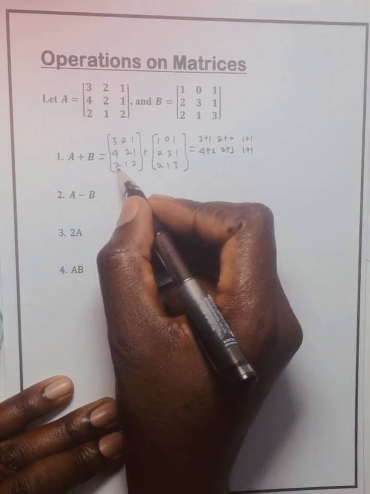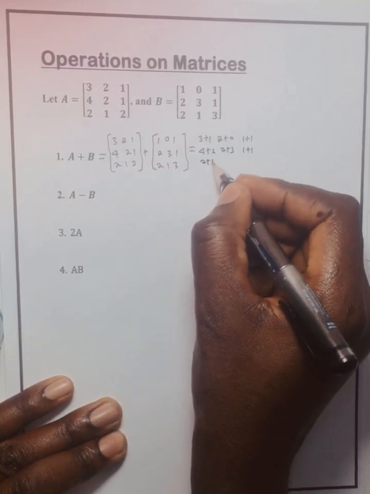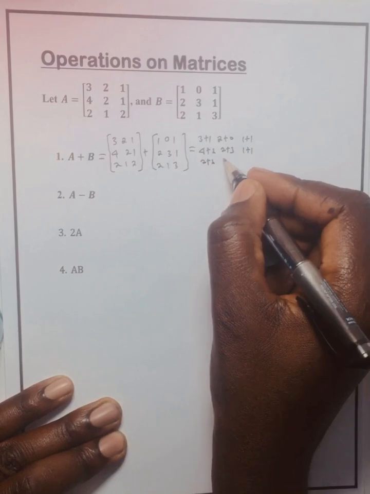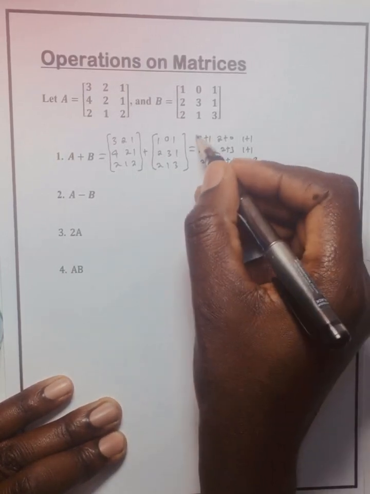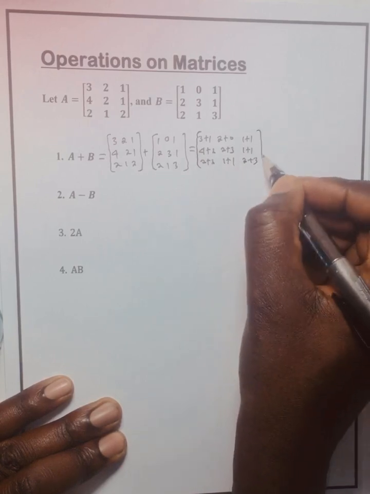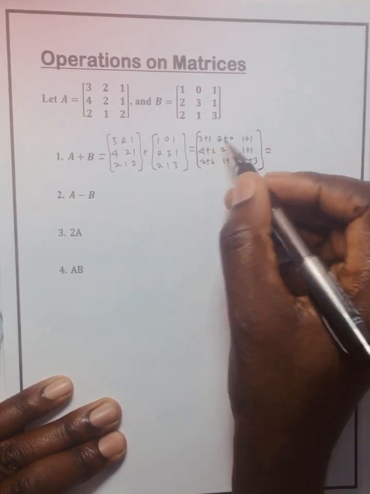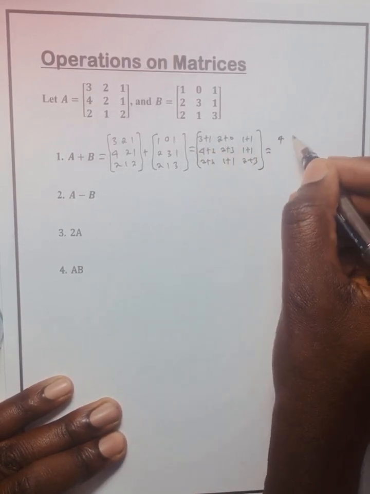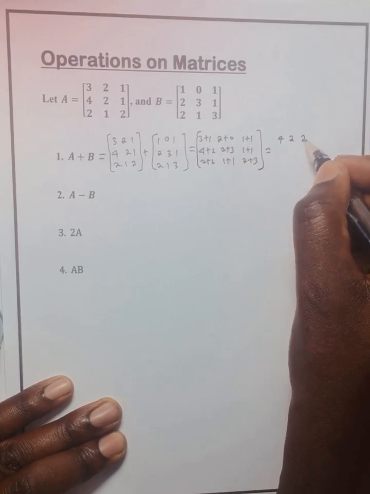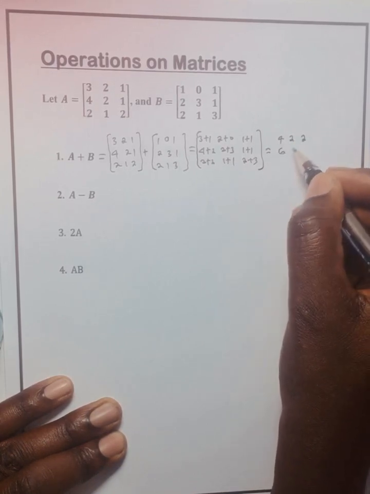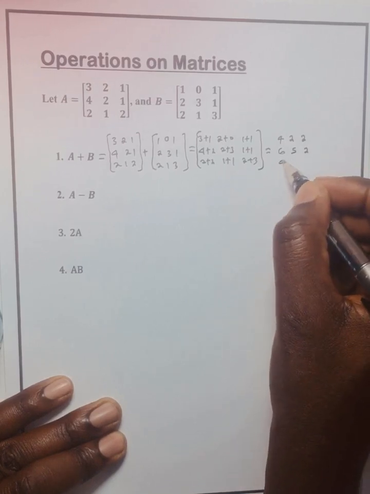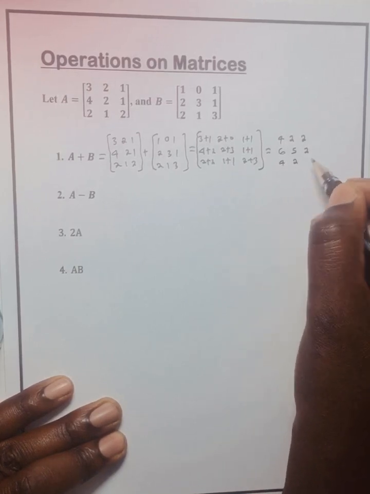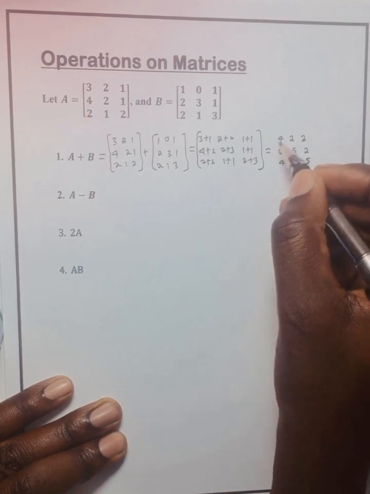Then you'll have 2 plus 2, 1 plus 1, 2 plus 3. So that you have, that is 4, that is 2, that is 2, that is 6, that is 5, that is 2, that is 4, that is 2, and that is 5.